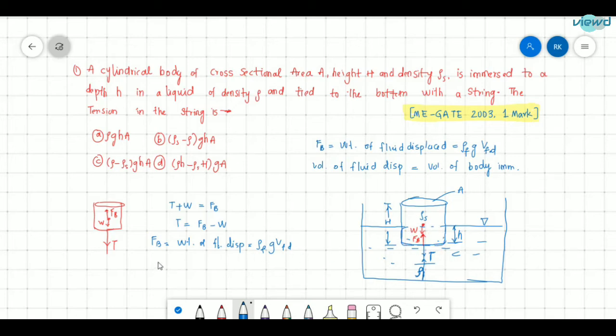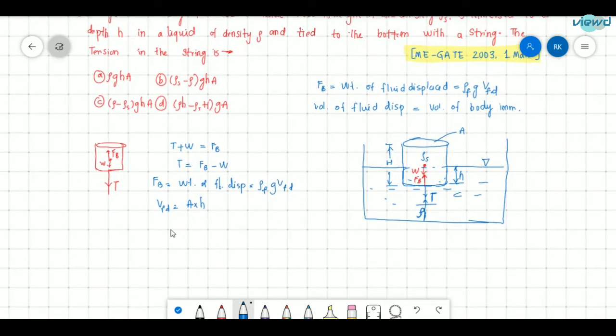So volume of fluid displaced is equal to this area into small h, and FB buoyancy force is equal to, what is the density of fluid? Density of fluid is given as rho, acceleration due to gravity g, and volume of fluid displaced is A into h. So this is FB.